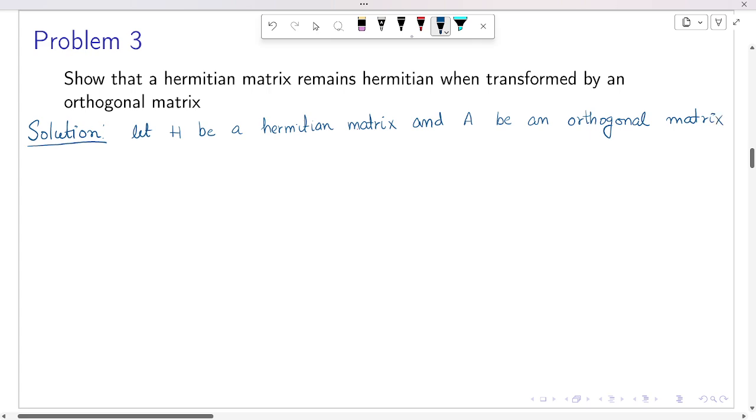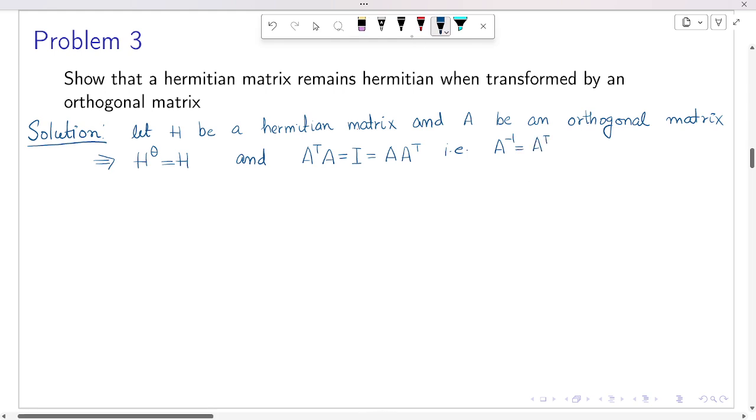H is Hermitian, that is H conjugate is equal to H, and A is orthogonal. It means A conjugate A is equal to I is equal to A into A conjugate. That is, A inverse is equal to A transpose.